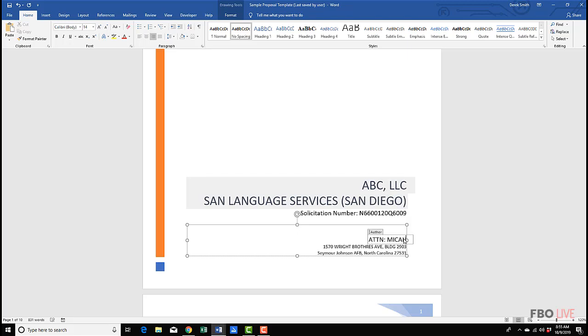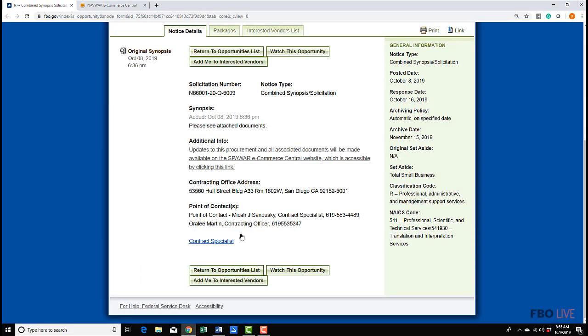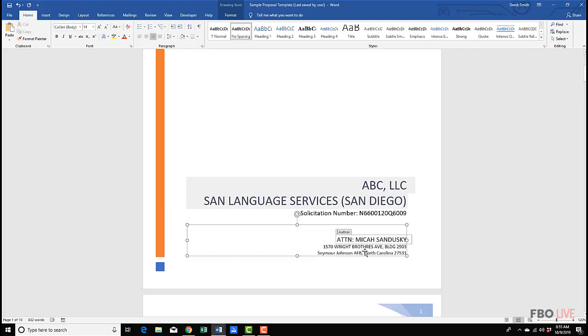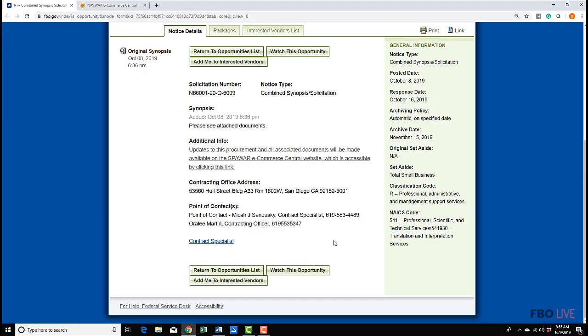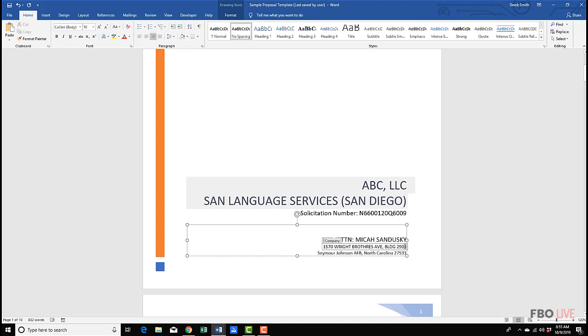Micah Sandusky is a contracting specialist, and this is exactly what you guys will be doing, and you can totally do this. Street address 53560 Hall Street. And when I make these documents available, I don't lock anything.